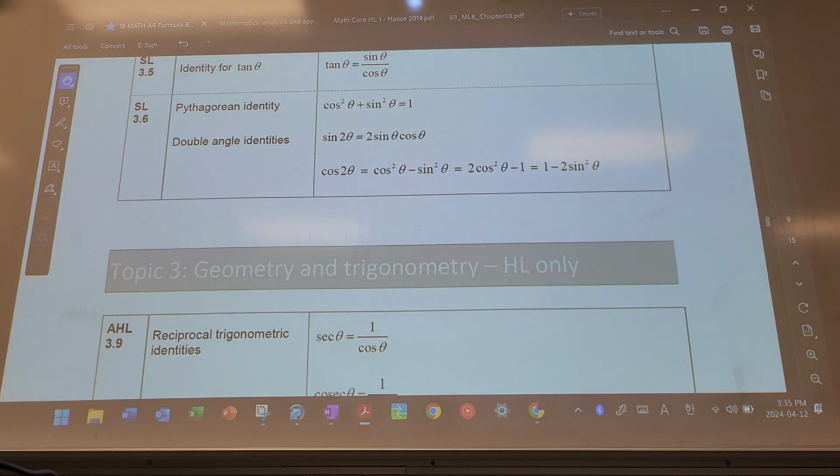Another instance of using these is when they're rearranged. For example, let's say you have just sine squared theta. Then you can go back to rearranging this. So sine squared theta can be represented as cosine 2 theta minus 1 divided by negative 2. So rearrangements of these double angle identities is quite helpful.